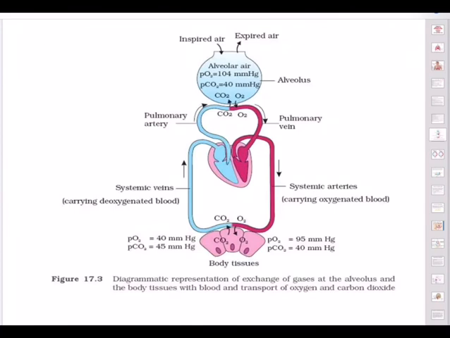Similarly, carbon dioxide. In atmospheric air, as all of you know, it is 0.3. In alveoli, it has to be 40. In deoxygenated blood, it has to be 45 mmHg. In oxygenated blood, again it is 40. And in tissues, it is again 45 mmHg. So unless this is maintained, the exchange of oxygen and carbon dioxide will not take place.